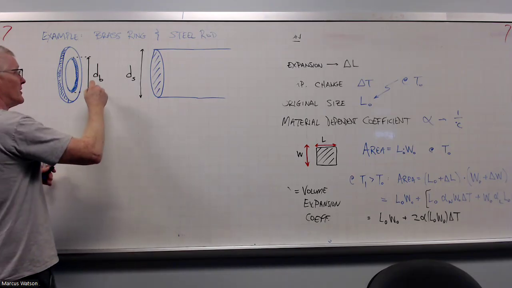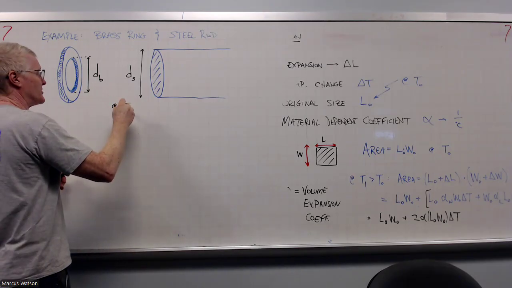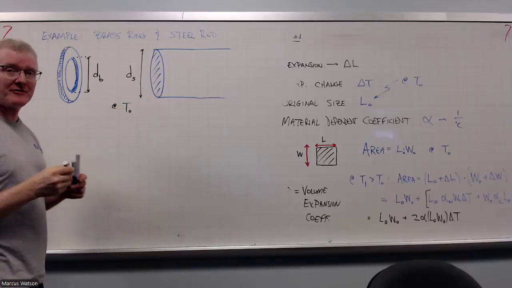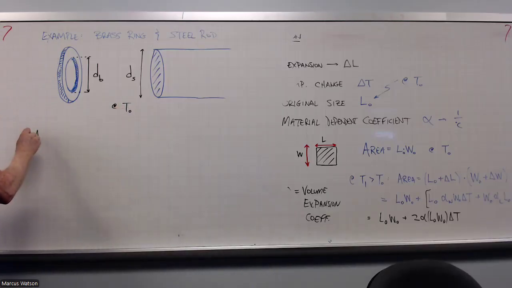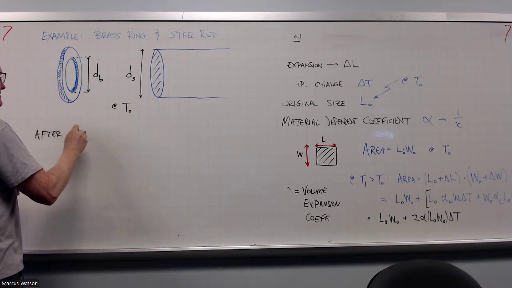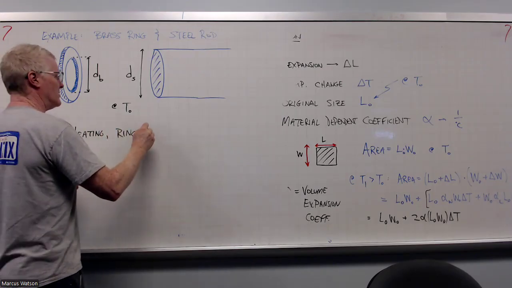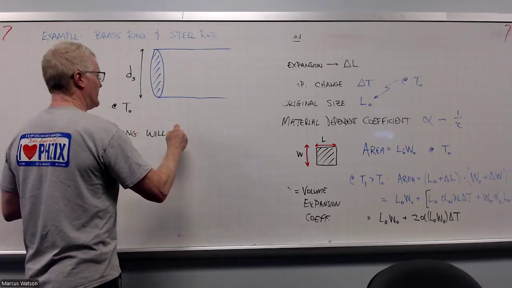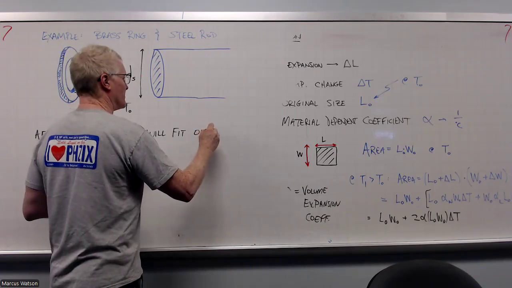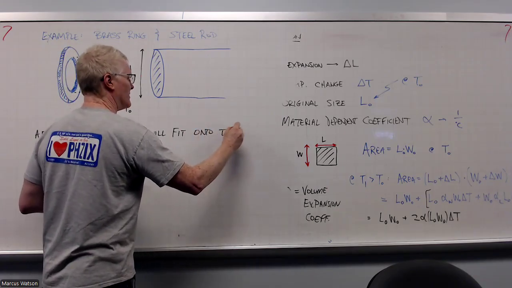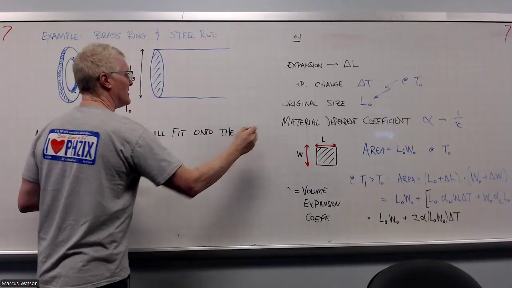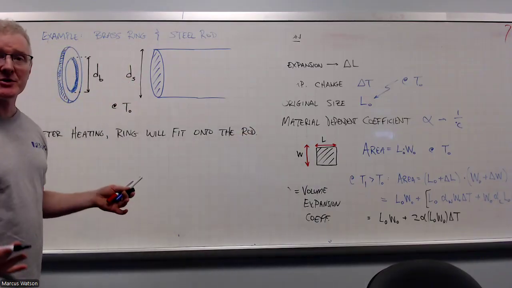All right, so this is all occurring at our initial temperature. Okay, so now after heating, the ring will fit onto the rod. The question is, what temperature is that going to be?